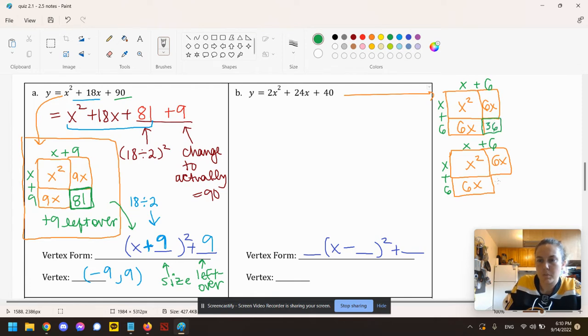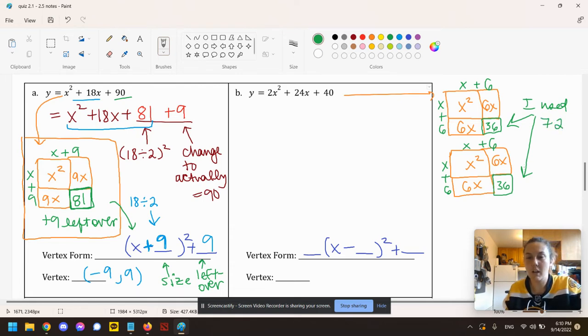Which means this should have been 36. Which means in total, I used 72 blocks.